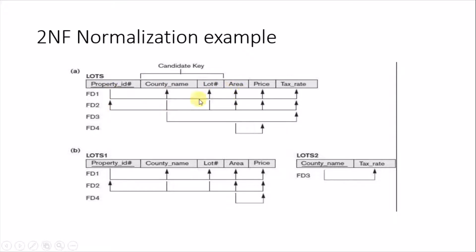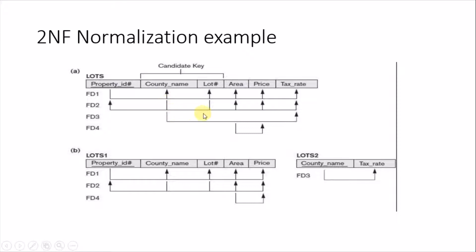The second functional dependency is from the second candidate key to all other attributes. County name and lot number together determine property ID number, because that is a candidate key. County name and lot number determine area, price and tax rate.